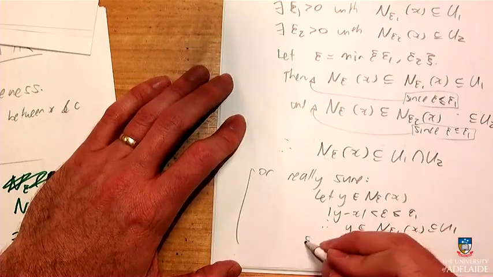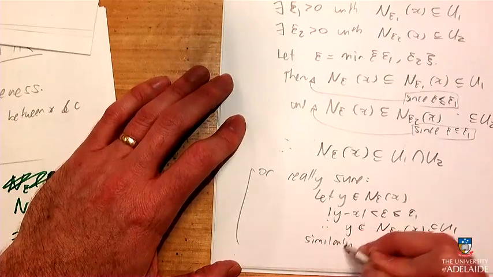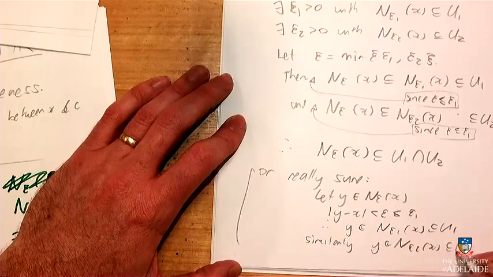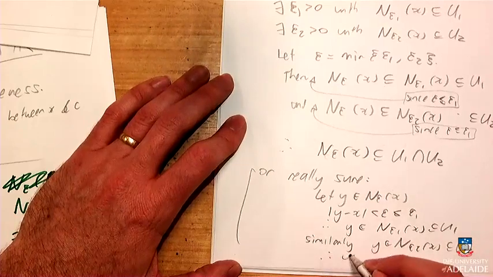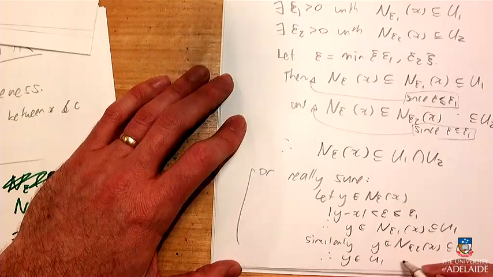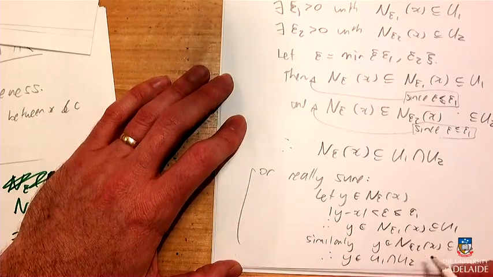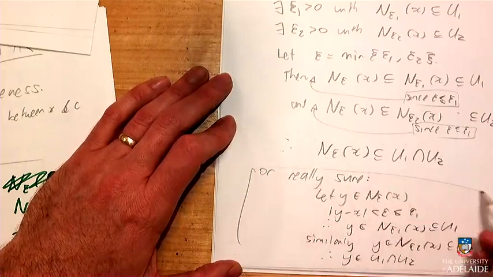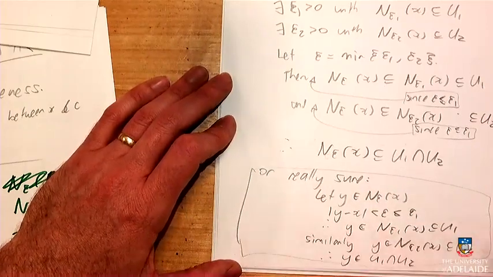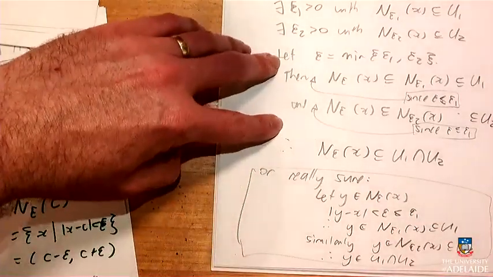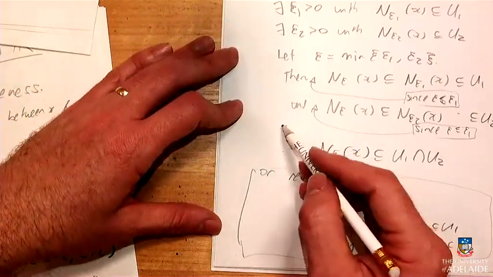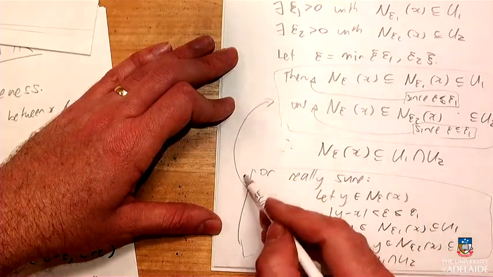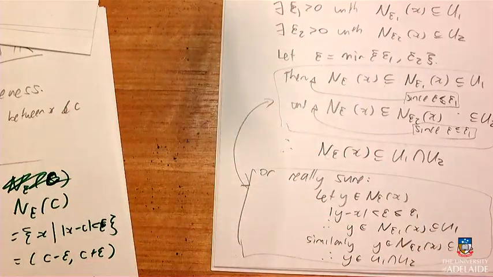And similarly, y is contained in the neighbourhood epsilon 2, which is contained in U2. Therefore y is contained in U1 intersection U2. Therefore this set is contained in the intersection. Or if we want to be really sure, we could put this in that spot instead. Switch them out and it's the same proof.